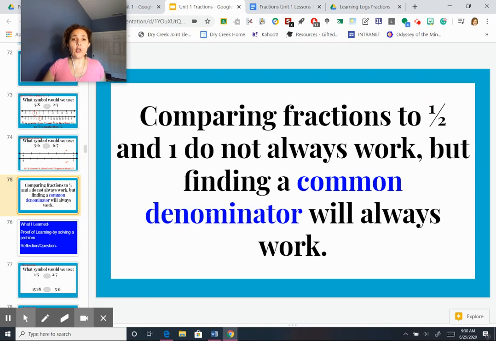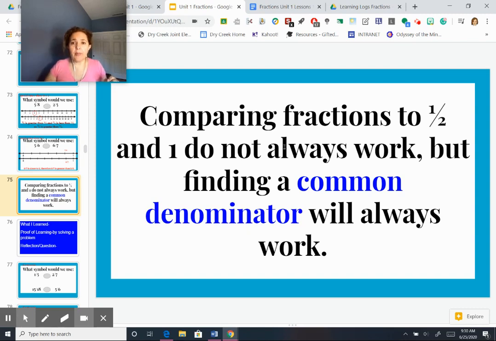All right. So your takeaway from this lesson: comparing fractions to 1/2 and 1 do not always work. We didn't try them in the video yet, but we're going to try some in class. Comparing fractions, if you want to compare it to the half and to the 1, it doesn't always work, but finding a common denominator will always, always, always work.